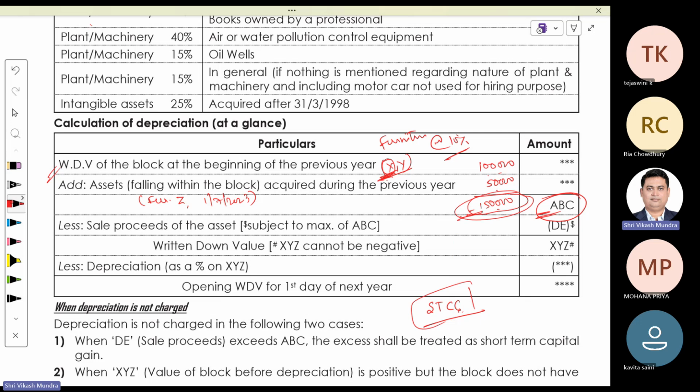Hence, in this situation, depreciation shall not be charged. We are not entitled to depreciation. However, the 50,000, the excess money received by us, shall be treated as short-term capital gain. This 50,000 shall be taxable as capital gain.